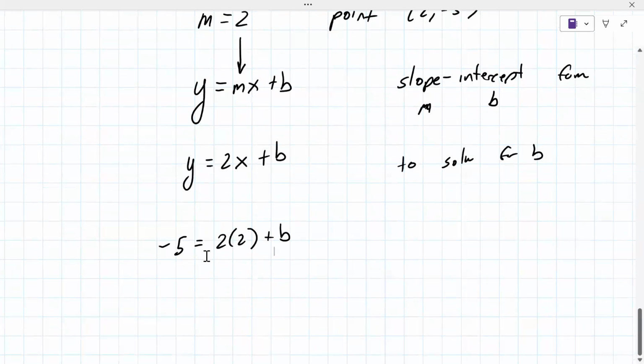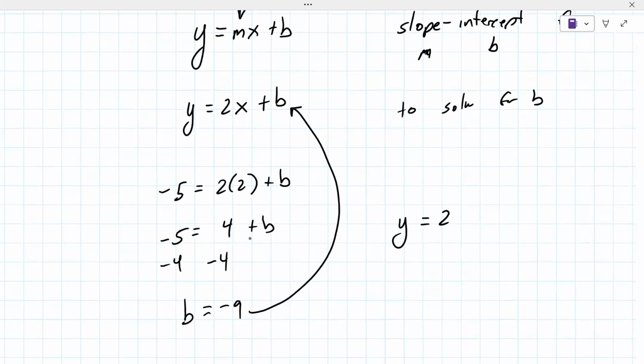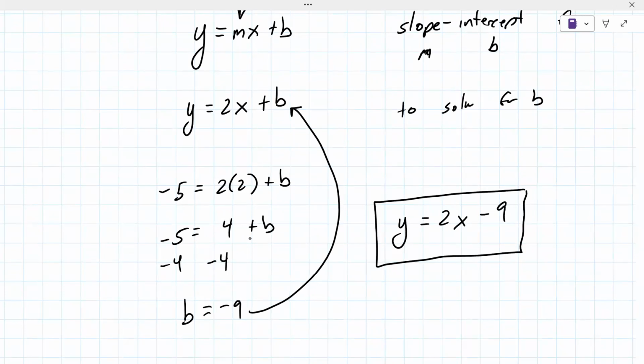We're going to simplify this equation. 2 times 2 is 4. -5 equals 4 plus b. To solve for b, you subtract 4 from both sides. So b equals -9, and that goes back into this line here. Your final answer is y equals 2x minus 9.